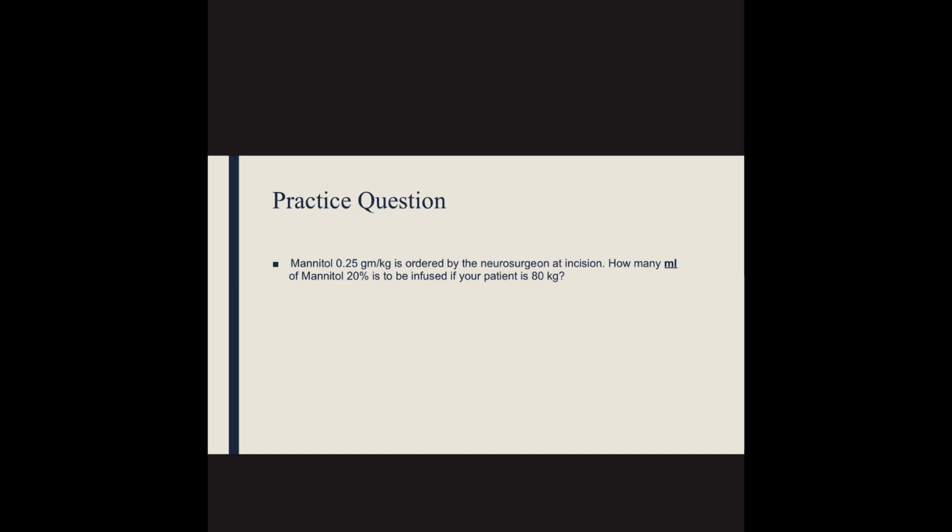So 0.25 times 80 might seem confusing in the beginning, but remember what I told you earlier. 10% would be 8, so 8 plus 8 would be 20%, and then I would want half of the 10%, so plus 4, so that's 16 plus 4, and that's 20. So we need 20 grams total.